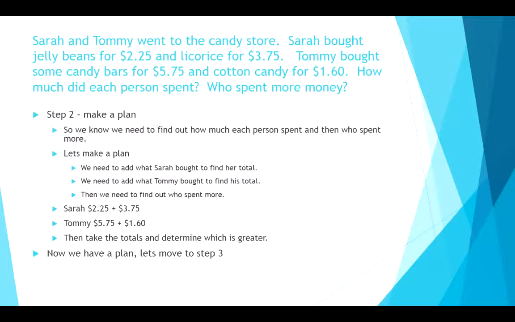So Sarah spent $2.25 and $3.75, and Tommy spent $5.75 and $1.60. Then we take the totals and determine which is greater. That is our plan.